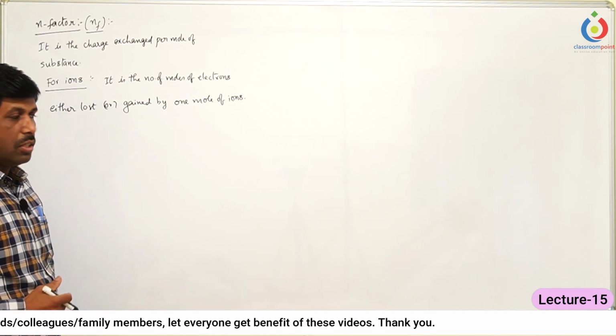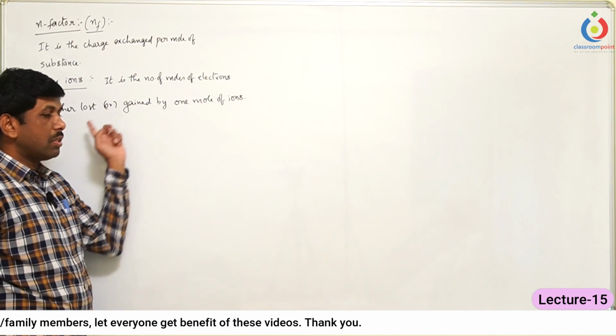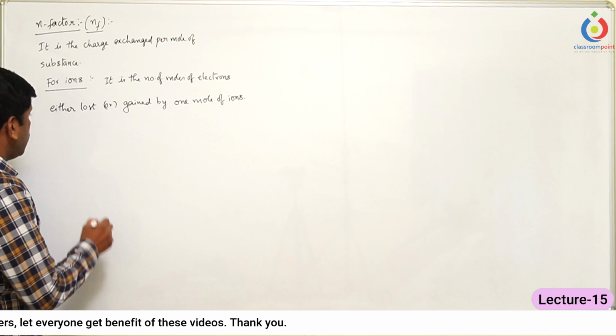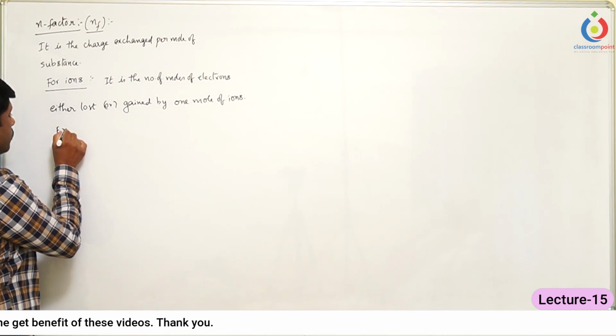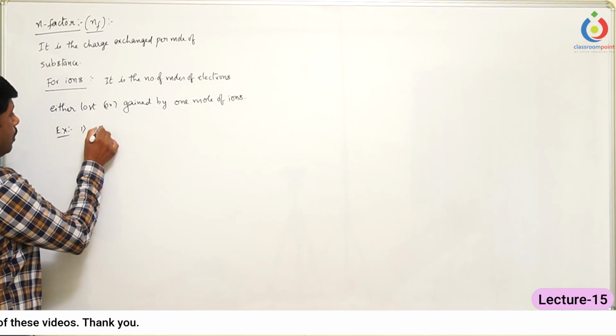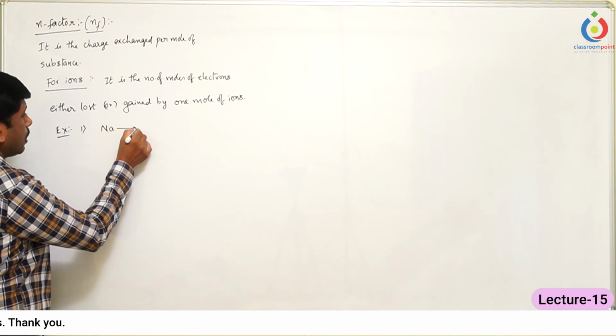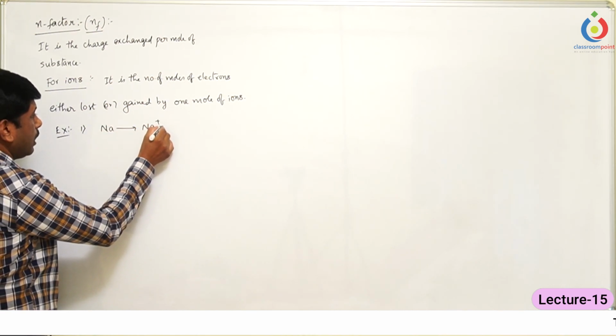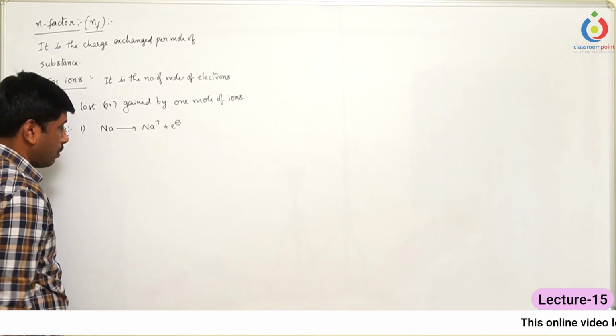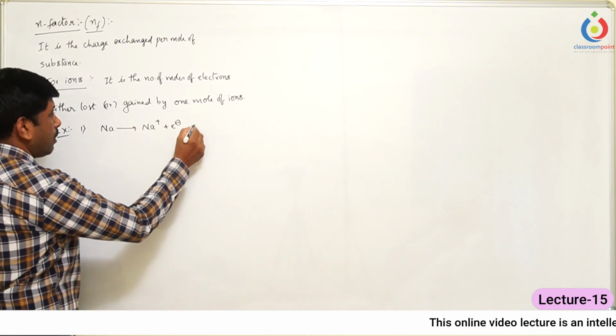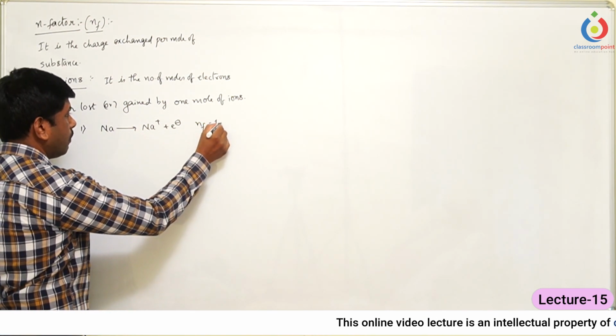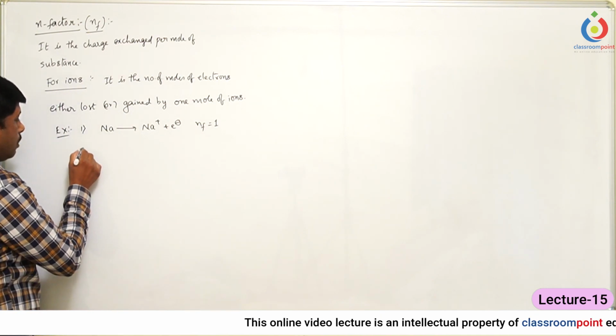So let us take an example. Here electrons may be lost or may be gained. Example is sodium converted into Na+ plus an electron. Here 1 mole of electrons is lost, so the N factor is equal to 1.